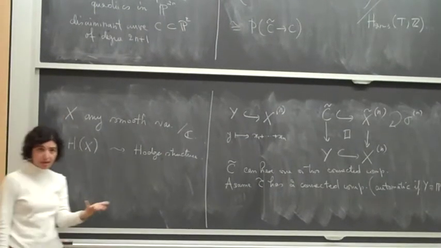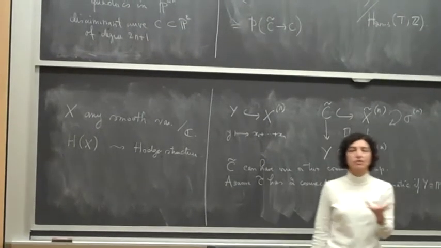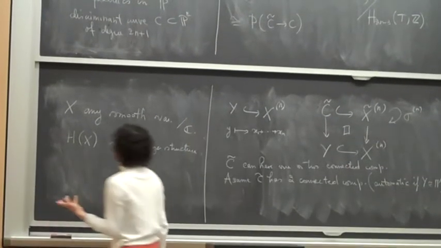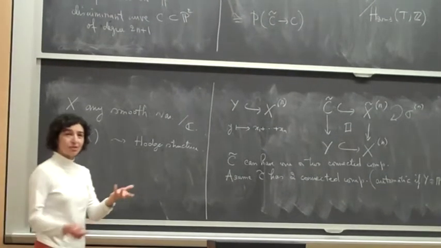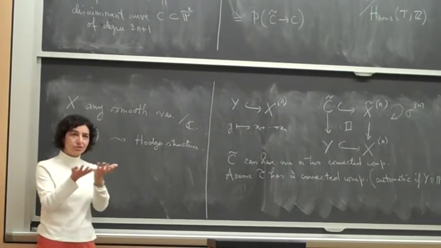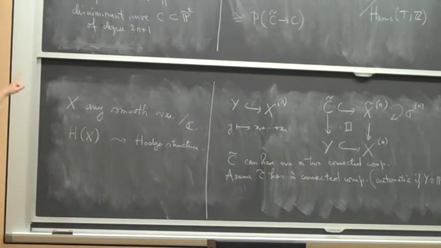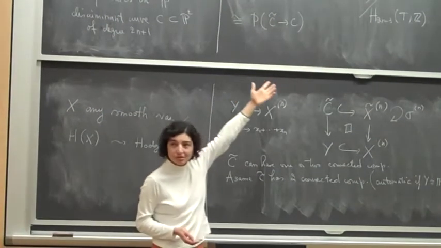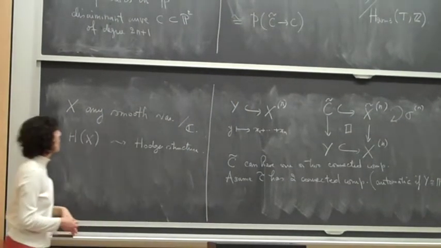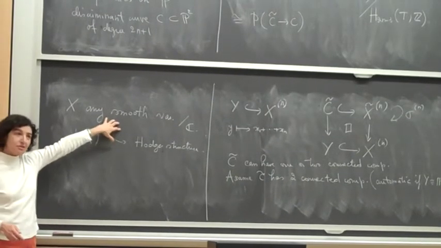So the first case is the Torelli theorem for curves, because the Jacobian basically is the Hodge structure of the curve. And this Prym Torelli is another case of that, because we're taking the difference now between two Hodge structures of two varieties. And then you can go to higher dimensions. That's the case of an intersection of three quadrics. The intermediate Jacobian is more or less the Hodge structure. It determines the variety. And I guess one of the most spectacular successes of this is for K3 surfaces, right?